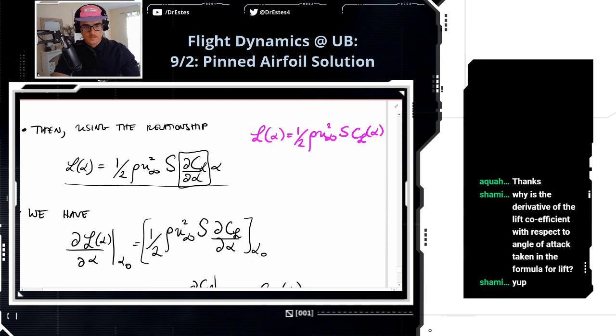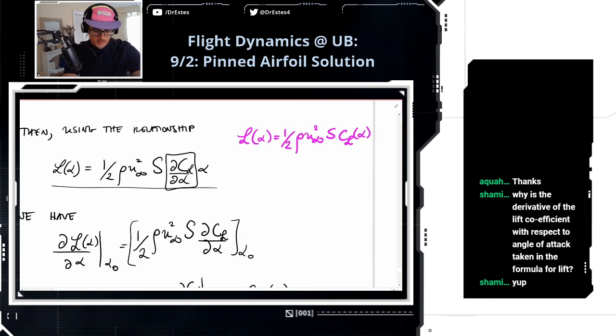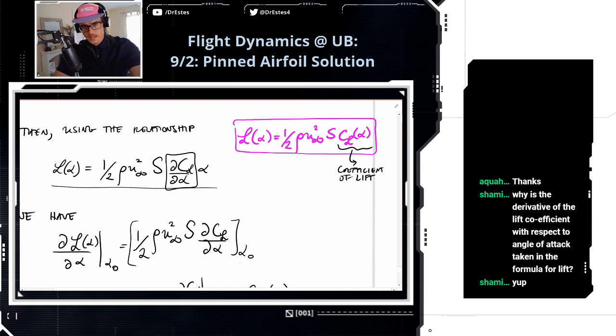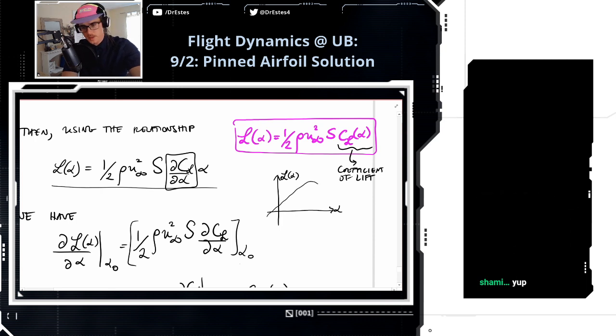So this is lift, and then here we have coefficient of lift. Now we know that if we take lift and plot it as a function of angle of attack, you tend to get something like this, right?